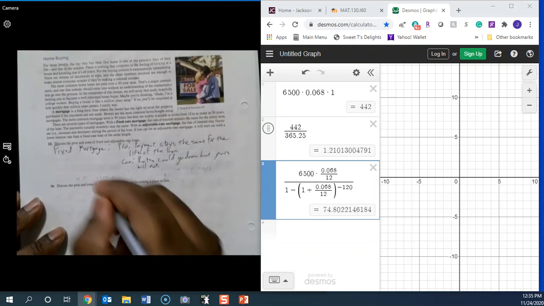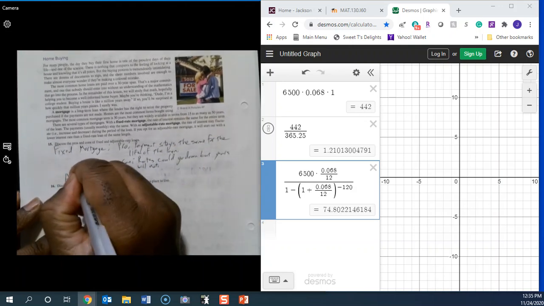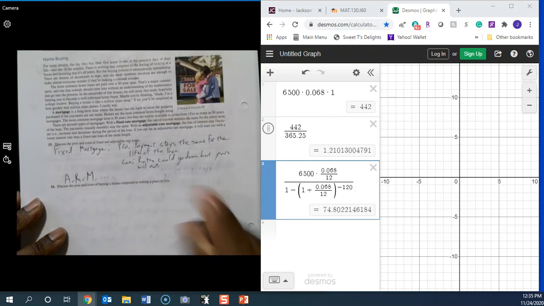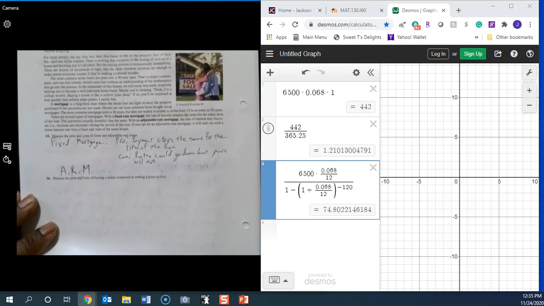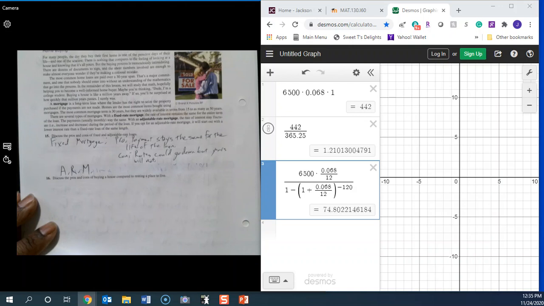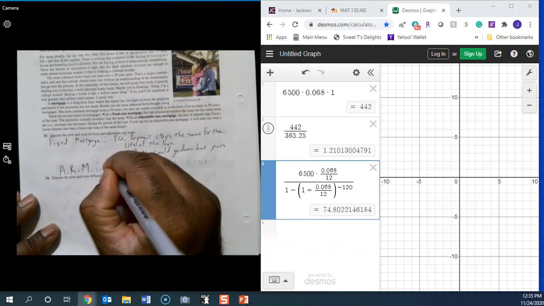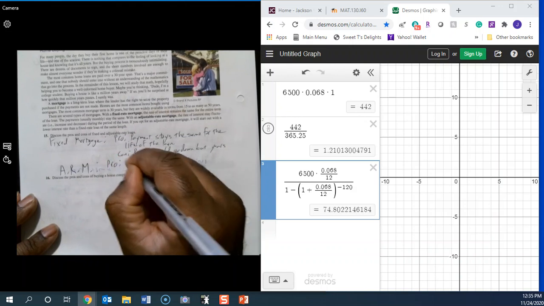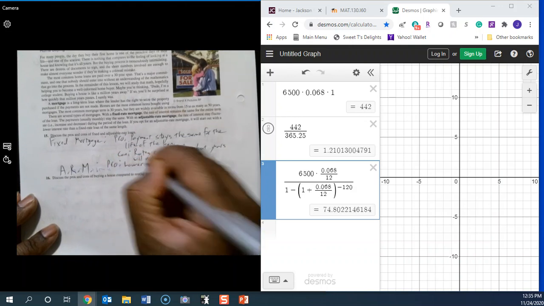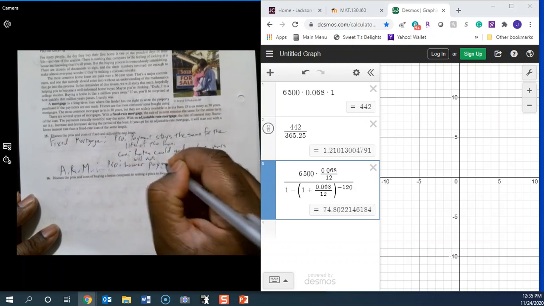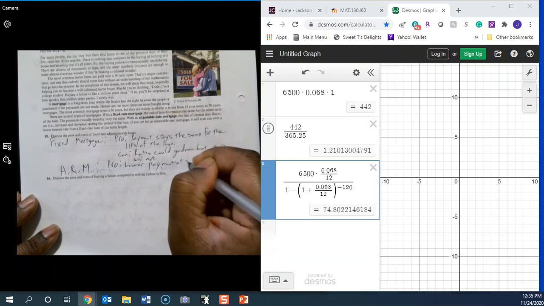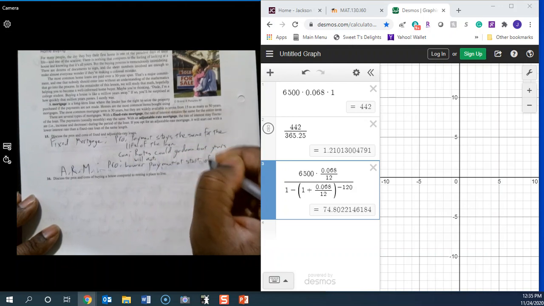Okay, now the adjustable, and I'll just put it, it's called an ARM, the adjustable rate mortgage. That's what a lot of people call them. The adjustable rate mortgage, the pro, lower payment at start of loan.